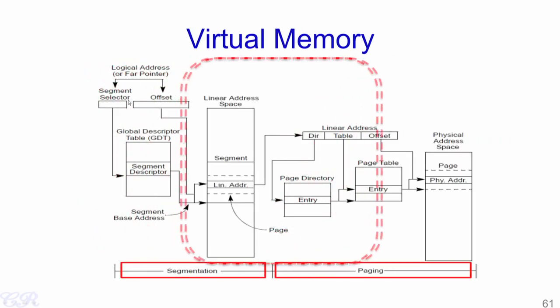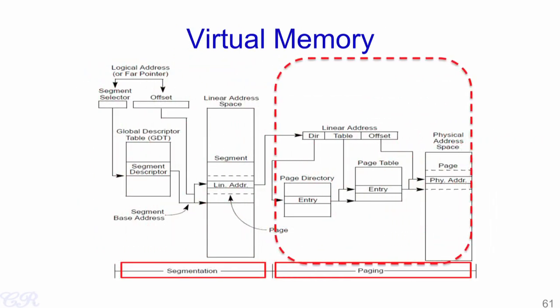Next, we will move on from segmentation to the paging unit, that is how the virtual memory is managed in the xv6 operating system. As we have seen before, in x86 systems, virtual addressing is managed by 2 levels of page directories. As a result, the linear address or the virtual address is split into 3 parts.